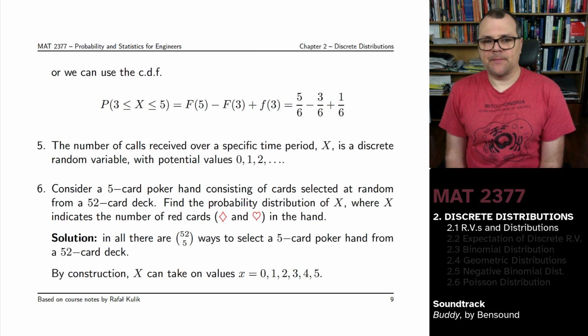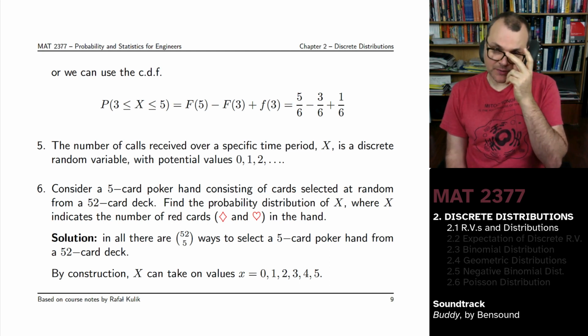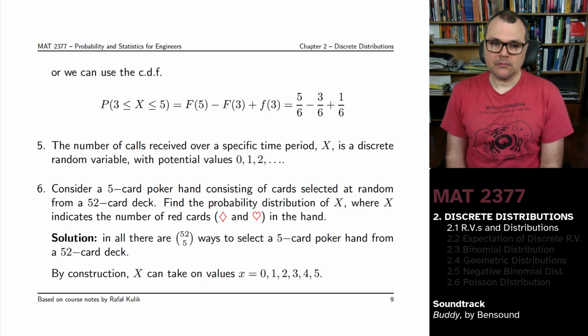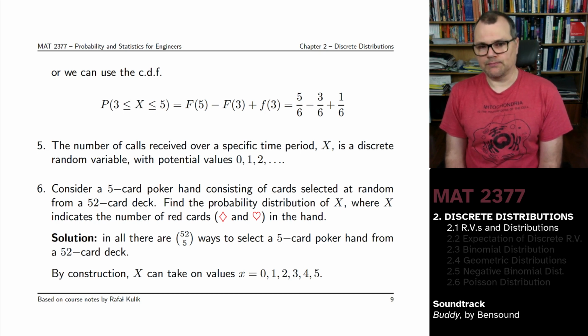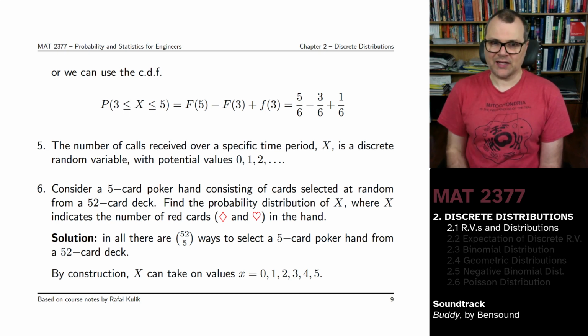Let's say you have a 5-card poker hand. So you've picked 5 cards from a deck of 52 cards, where you had 13 cards of each suit: diamonds, hearts, clubs, and spades. So what's the probability of the random variable x, where that indicates the number of red cards in the hand?